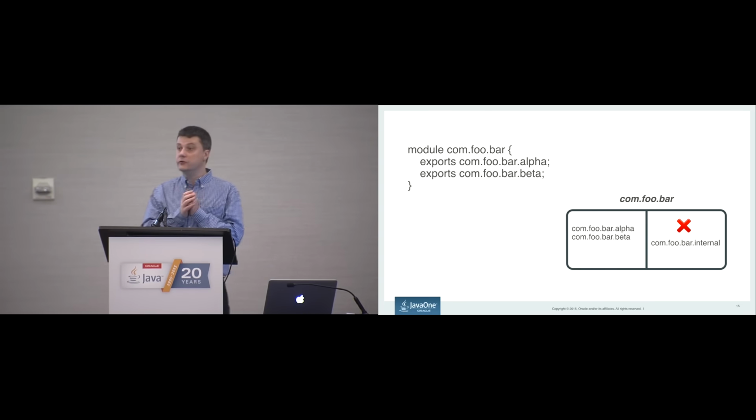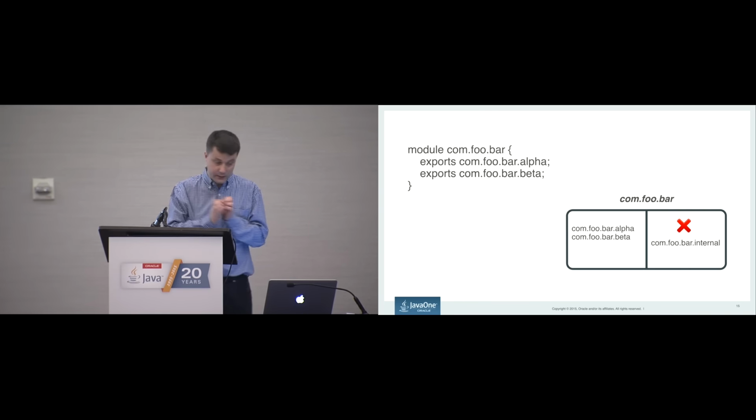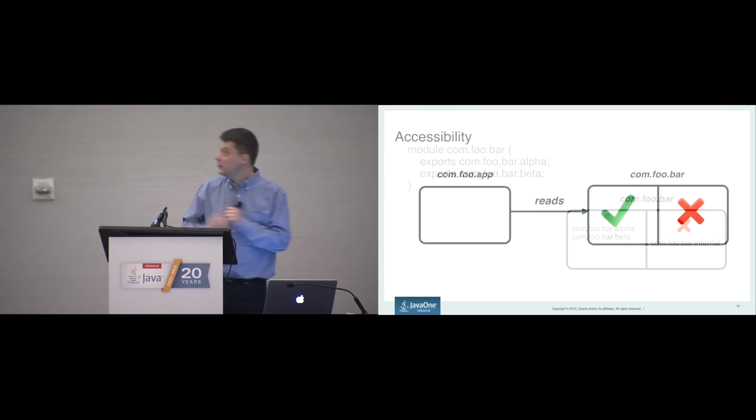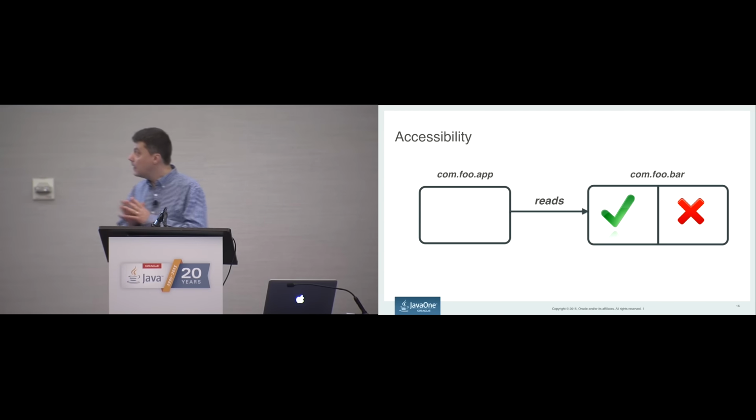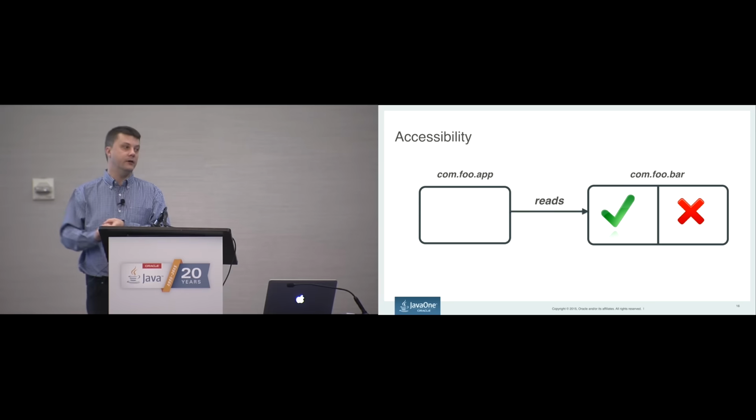I'm now going to bring the two concepts we've talked about together to talk about accessibility. We've got our application module and our library module. Our application module is Confu app. Our library is Confu bar. Our Confu app module reads the Confu bar module because it requires it.